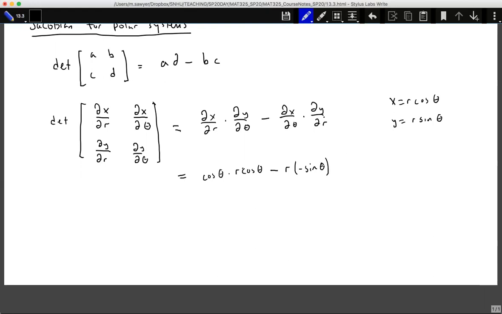And the derivative of y with respect to r is sine of theta. And so we get r cosine squared of theta plus r sine squared of theta. And using our Pythagorean identity, we see that this just gives r.